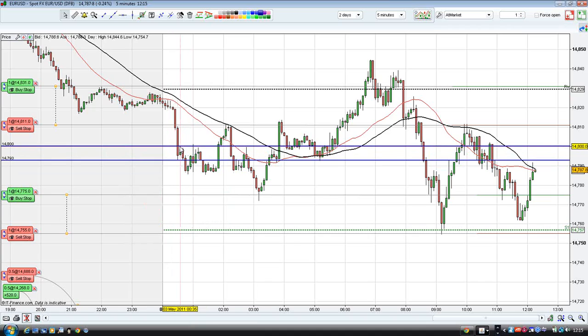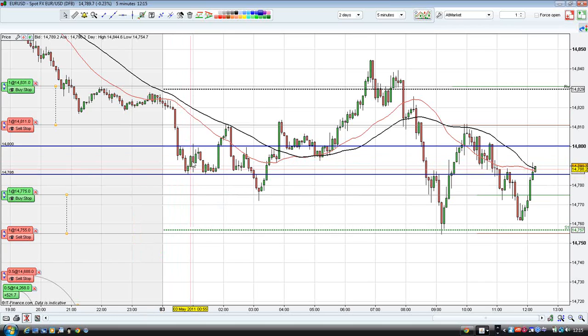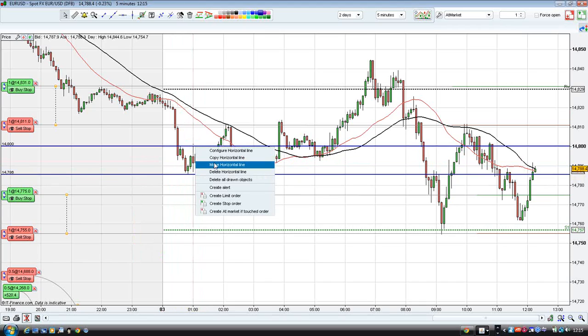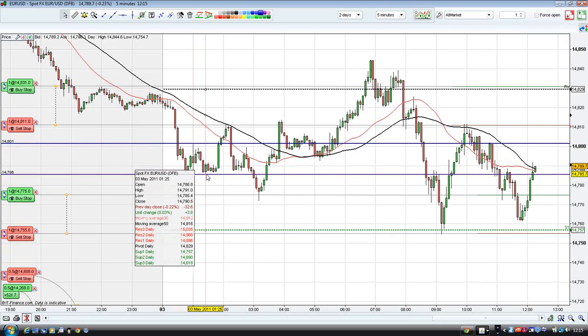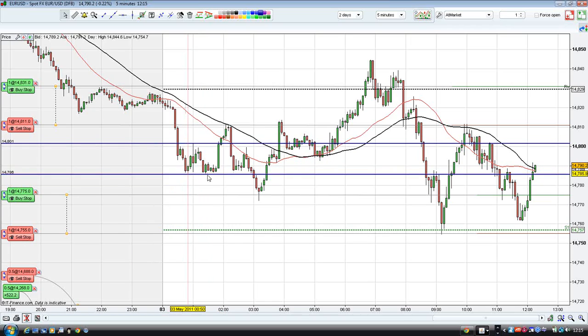And it's come back down here, it's made a new low. Let's move that there. It's gone up there, it's made a high. And then it's come down here and it's made another low, testing that previous low.